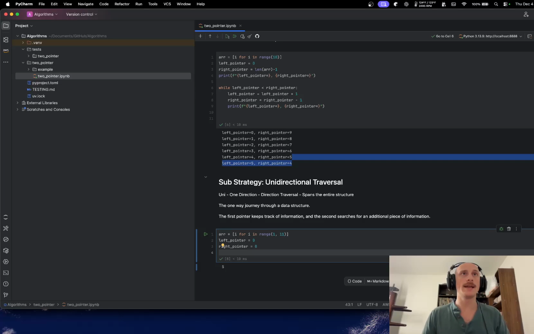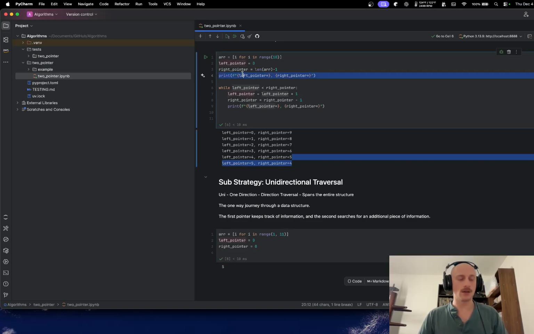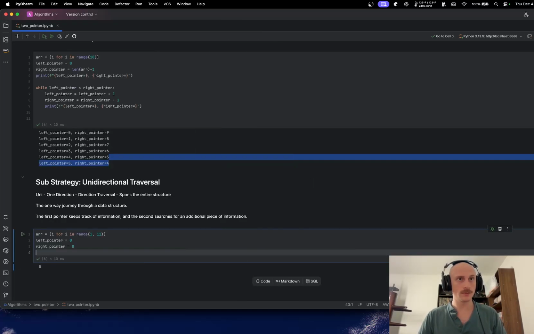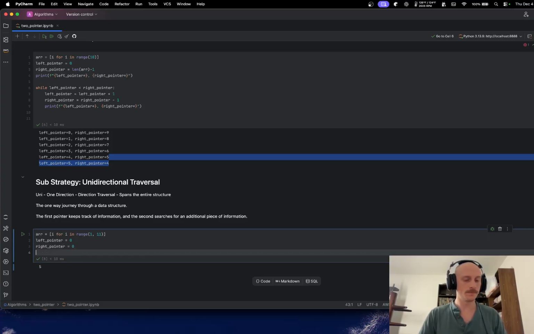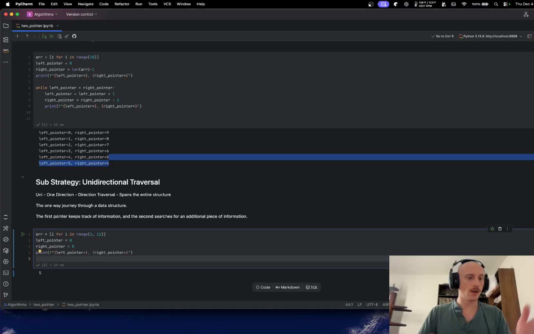Let's go ahead and show this. Oops. Oh, boom. All right, and we'll run that. Here we go. Left and right pointers are both pointing at 0.